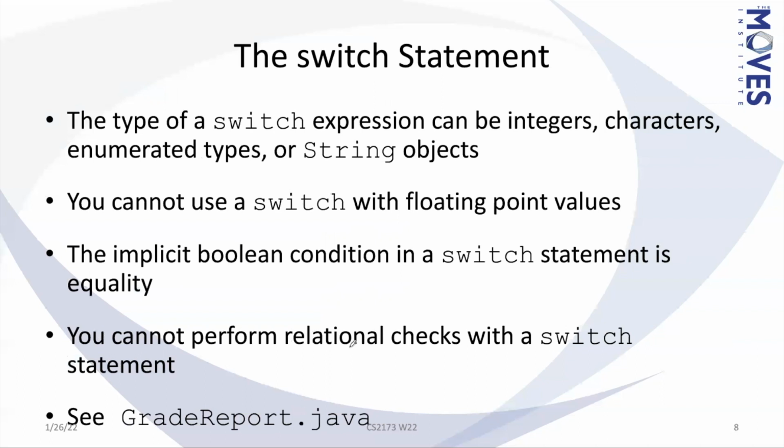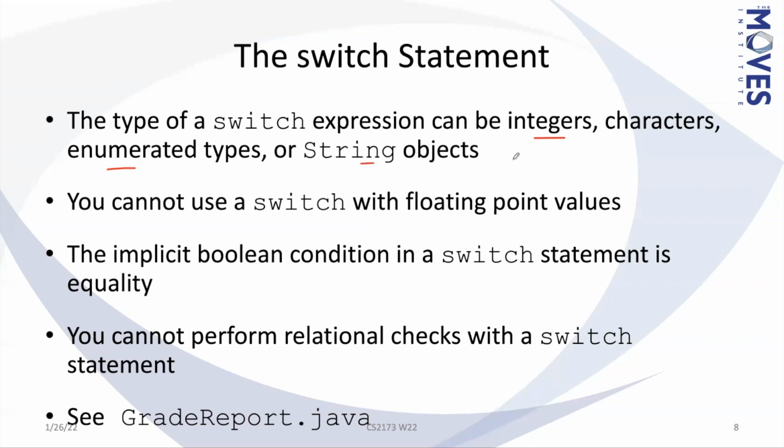Okay, now other languages can be a little bit more flexible. When Java first introduced this, the only possibilities were integers and characters. And then people said, well, we want enums too. So they added that, and then they said, well, we want strings.